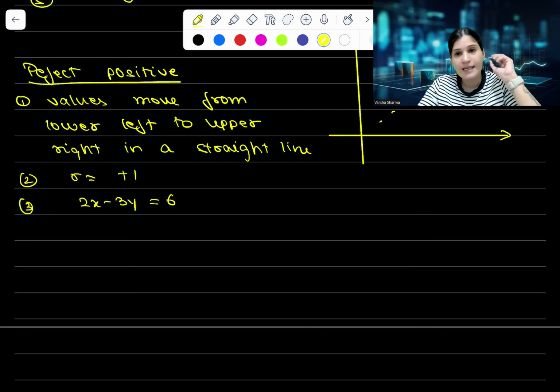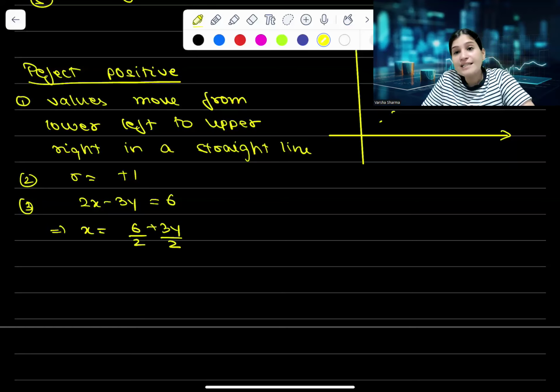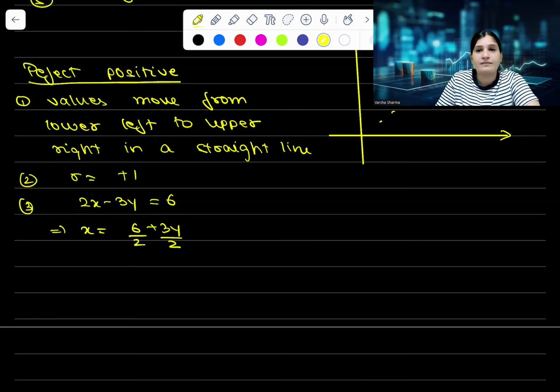Separate any one variable, whichever you want. Suppose I separate x. Now there is no origin and scale effect, right? Just see the sign before y. Is it plus or minus? Plus. Since it is a linear equation, it represents a straight line.